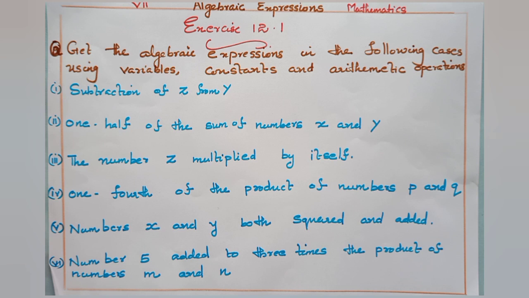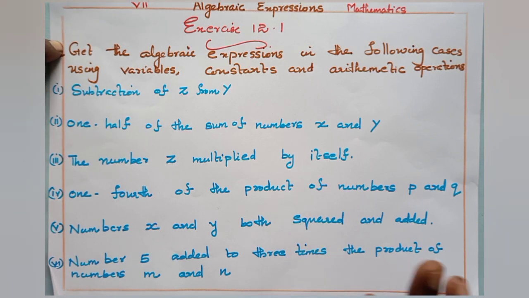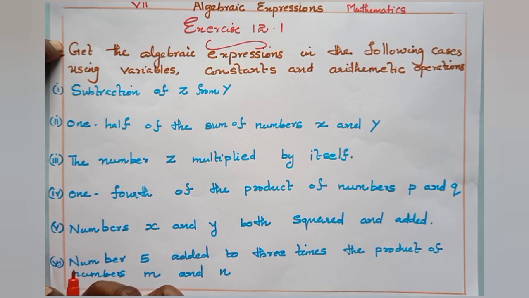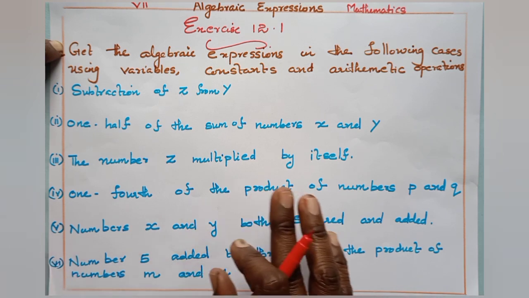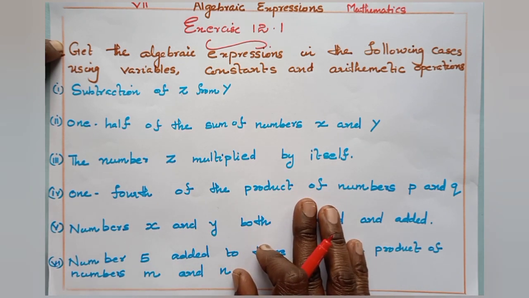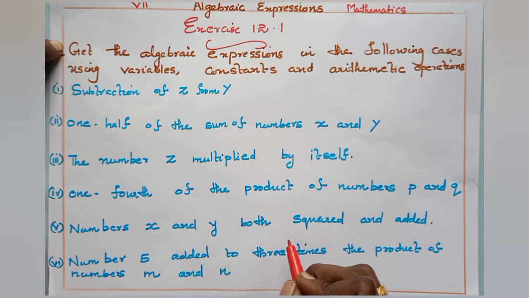Okay, listen. Get the algebraic expression in the following cases using variables, constants and arithmetic operations. We know an algebraic expression is a combination of variables, constants and arithmetic operations: plus, minus, multiplication and division signs. Here are some statements. Write them in algebraic expression form. First question, subtraction of z from y.